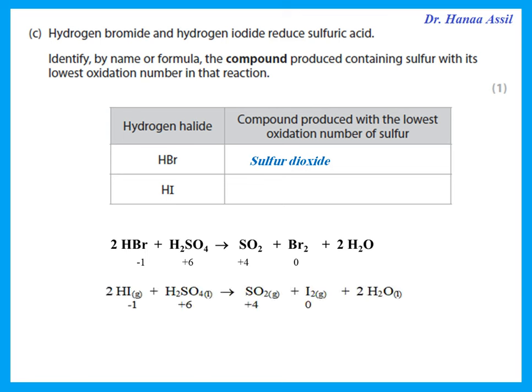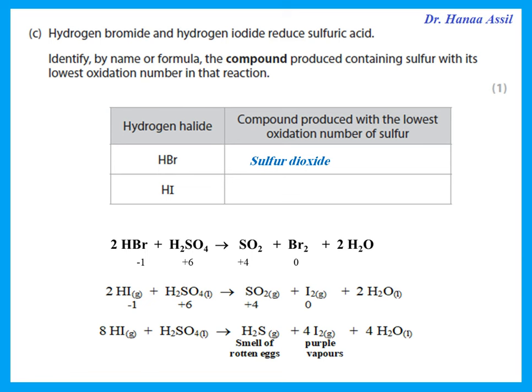Okay, but if I have HI, we said HI can reduce sulfuric acid to give sulfur dioxide and iodine and H2S. It can also give H2S. So which one is a compound with the lowest oxidation number? So compounds, first of all, I'm not going to mention iodine.